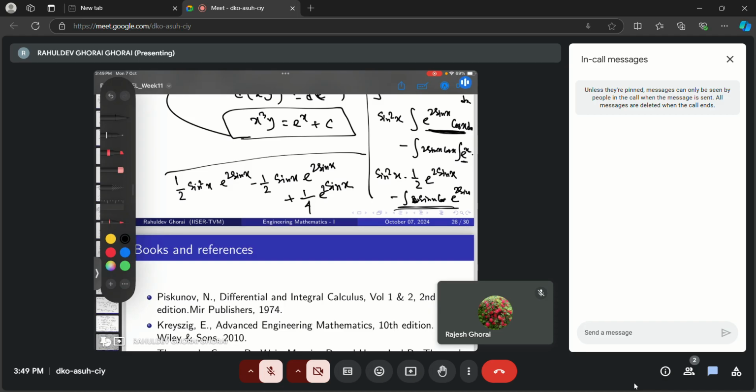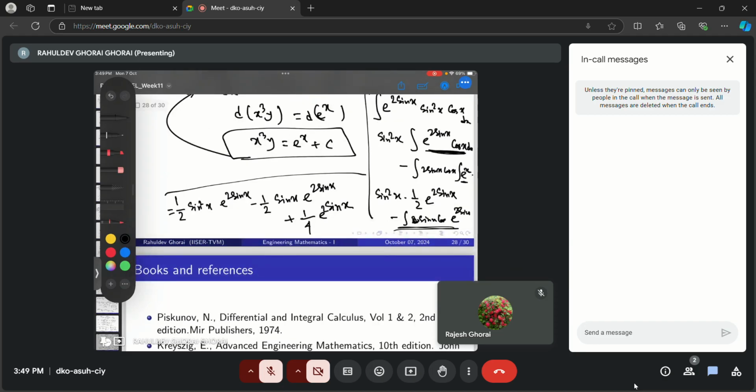That is the whole thing, and it equals cos y times e to the power 2 sin x. So that is the solution for the differential equation we started with.